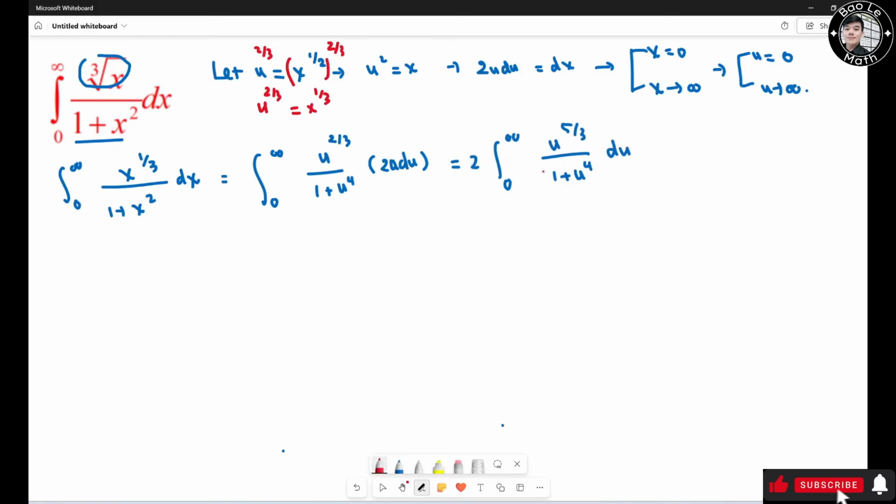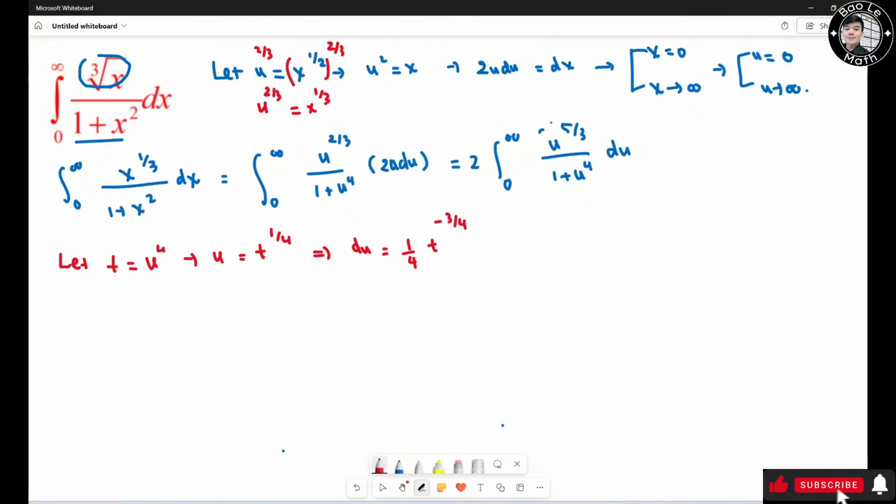Now I'm going to use the u substitution one more time. So I'm going to let t be u to the 4. So then u must be t to the 1/4. And then I'm going to take the derivative of both sides, so I have du equals 1/4 t to the 1/4 minus 1, which is negative 3/4.